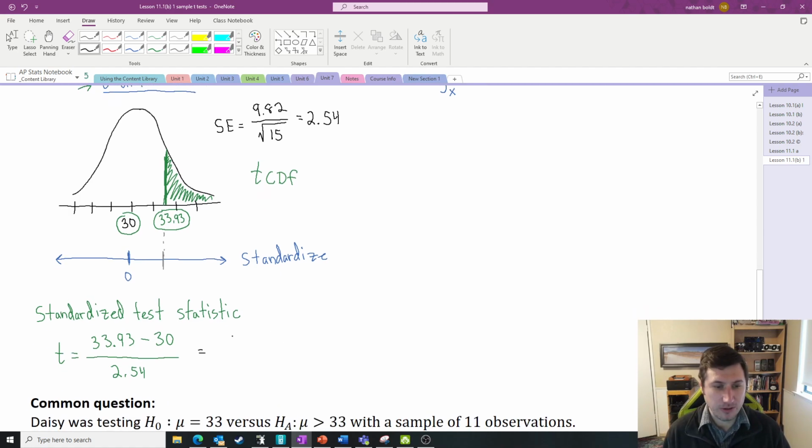It is our average from the sample minus what our assumed population mean is, because we're assuming the null is true, divided by the standard deviation, or in this case, we're estimating that with the standard error.